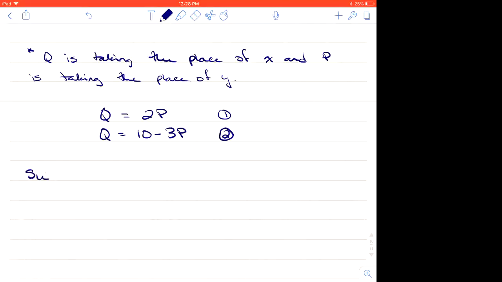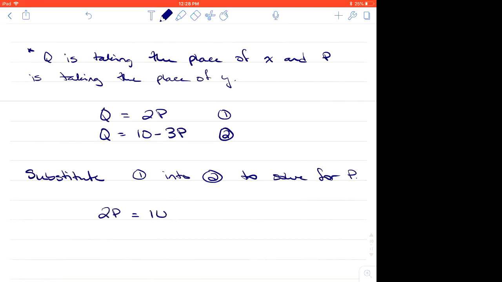But following the same structure, I'm going to substitute equation 1 into equation 2 to solve for P. Equation 1 into equation 2, or equation 2 into equation 1, doesn't make much difference. So we have 2P is 10 minus 3P.